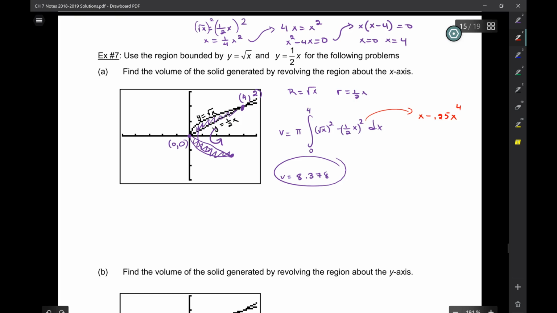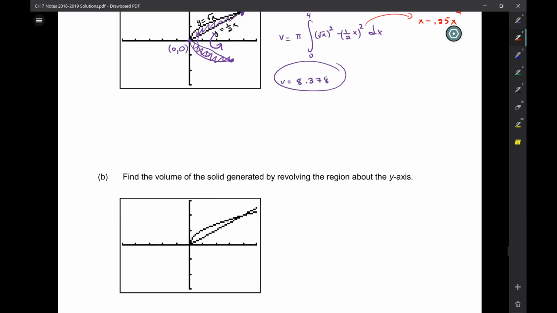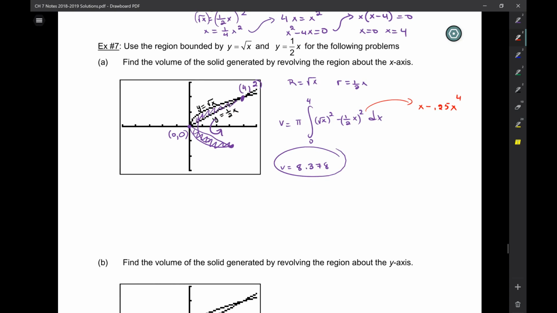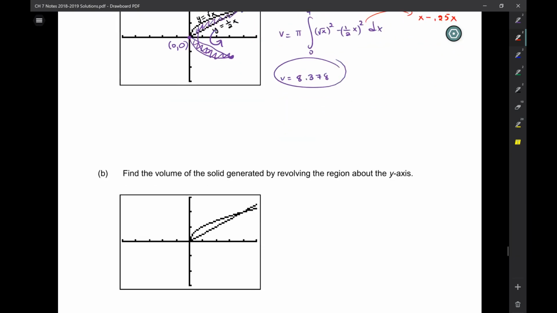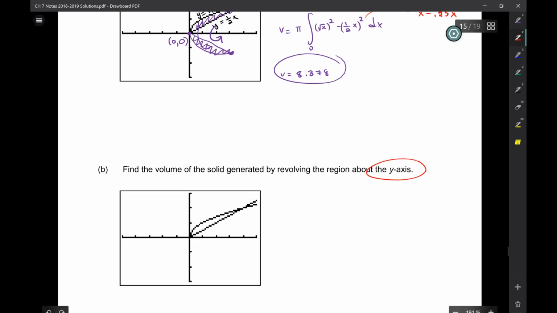That eliminates the parentheses around the 1/4. It eliminates the x squared to the square, right? Okay. Any questions here?